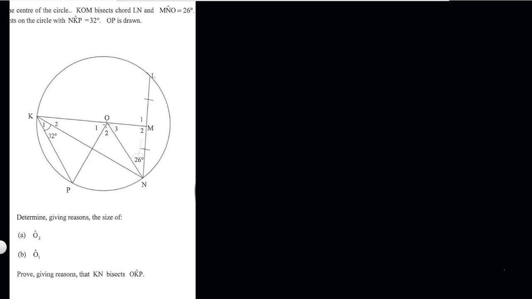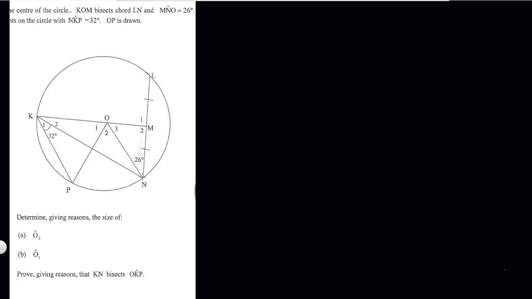Now, when you look at the angle O2, it's the angle at the center of a circle. You take the lines that make this angle, the line OP and the line ON.